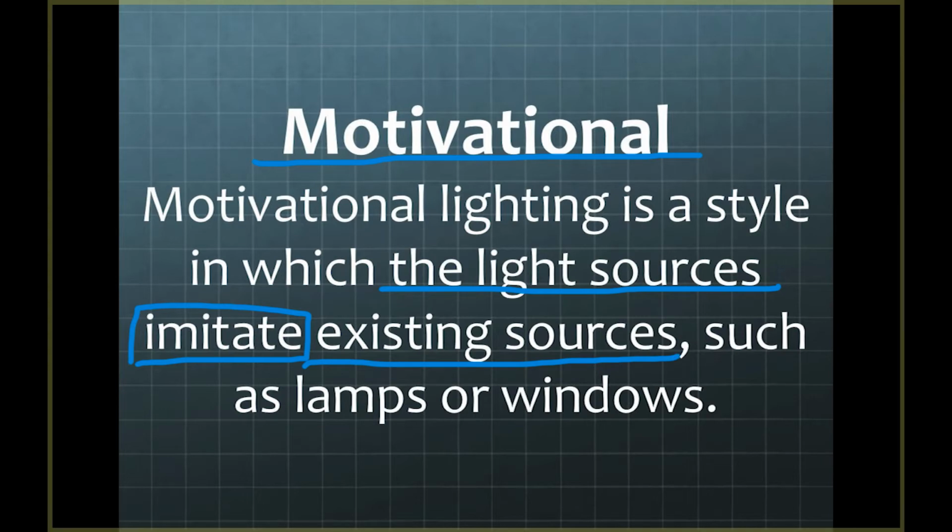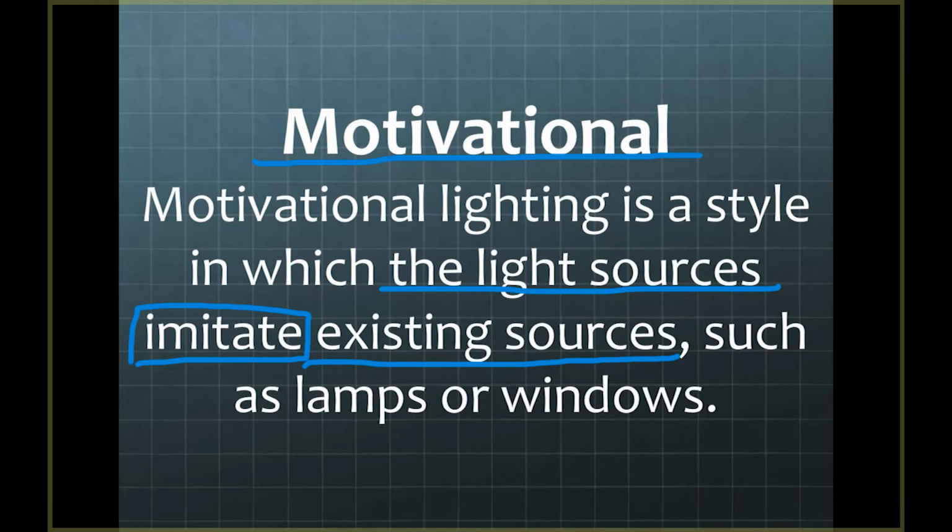So with motivational light, what you're trying to do is use lights that are not in the scene, that are just outside the frame where our audience cannot see them, to actually light our subject. But they're made to look like they are actually the practicals in the scene, or motivated by a possible practical in the scene, like maybe an open window has light coming through it, or a street light coming through the window.